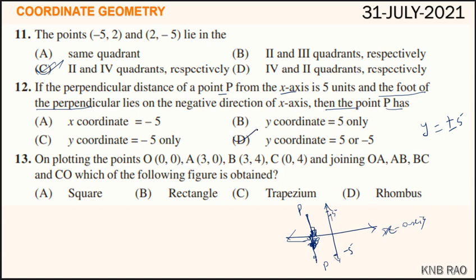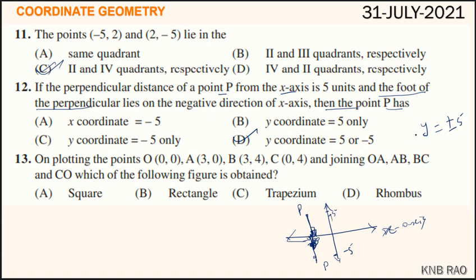So the right answer is D only. Plus or minus 5 is the right answer. The foot of the perpendicular lying on the negative direction of the x-axis is extra information which confuses you. In spite of giving that, we won't get clarity on the value of y.